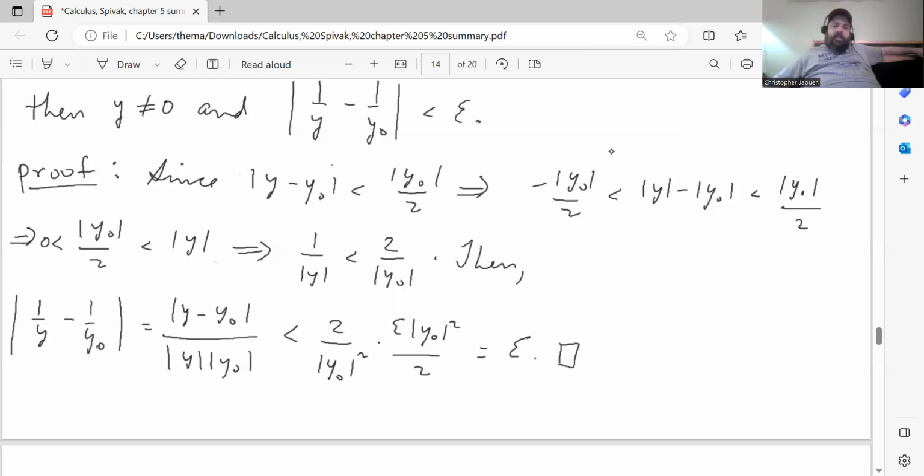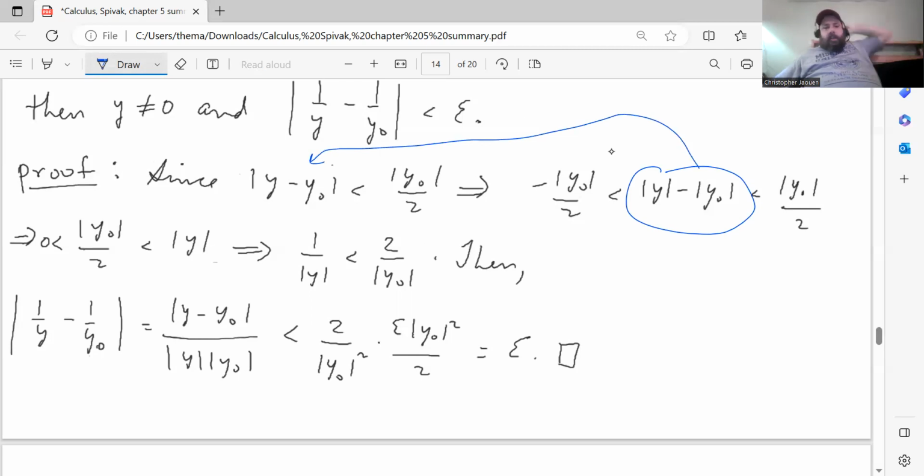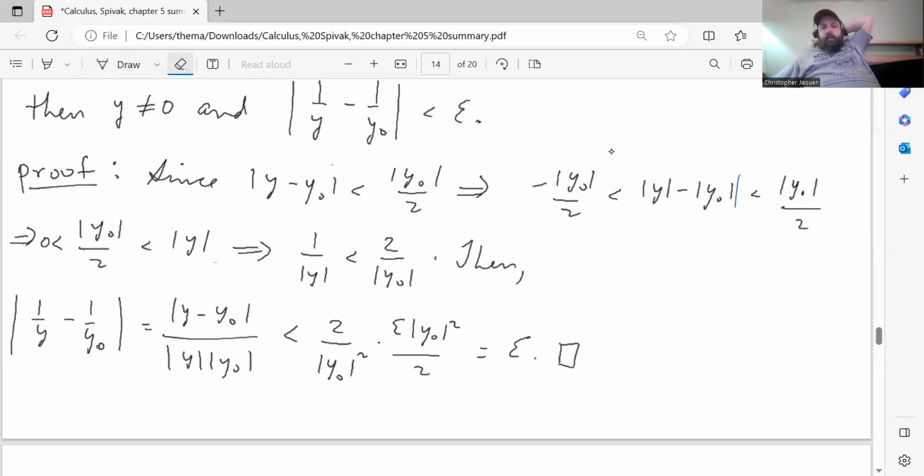What I'm trying to say is this, just so it's not confusing, this is less than this by the triangle inequality. And since this thing is bounded above by this, actually it should be absolute value of this is less than that, then you can just use the compound inequality to break it up into a triple inequality.